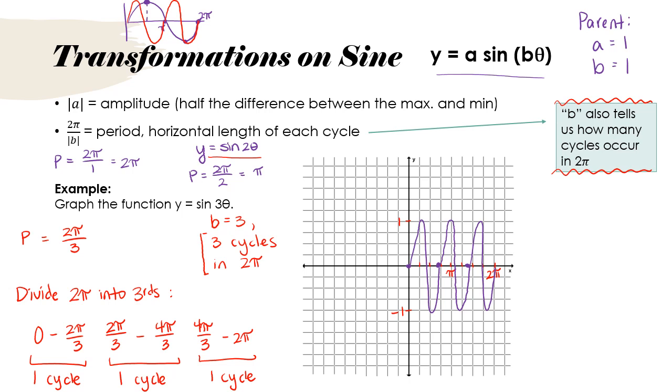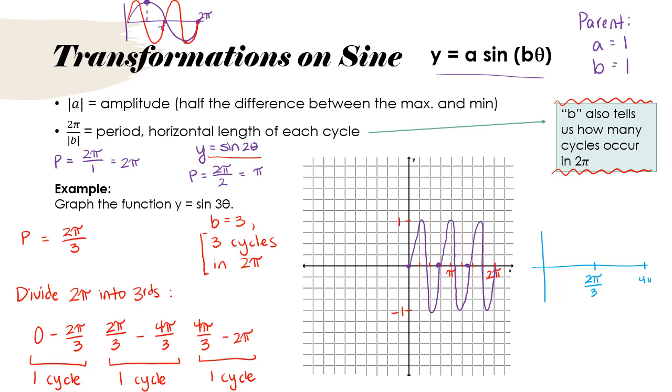Now another way that I feel like is a little bit easier is to maybe change the scale on our x-axis. We know that one cycle occurs, again, in 2 pi over 3. That's our period. So I'm just going to sketch this off to the side. I'm going to mark that here is my 2 pi over 3.